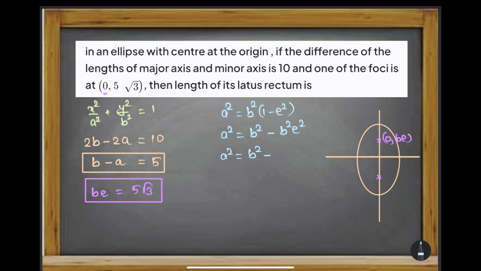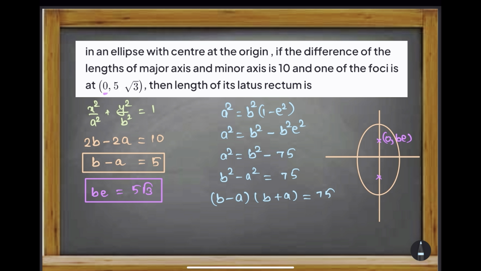So 25 into 3, 75. Is that okay? So can I write b square minus a square is equal to 75? Can I write b minus a times b plus a as 75?